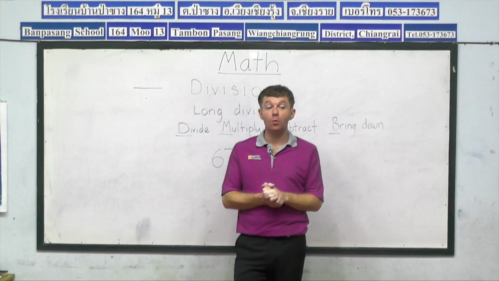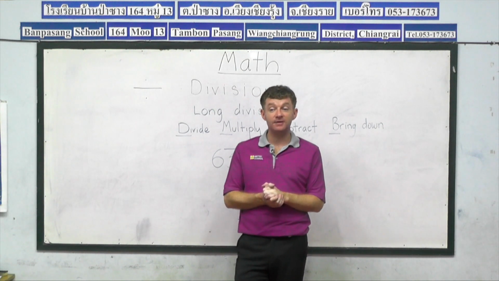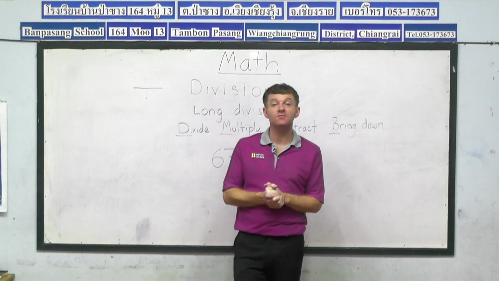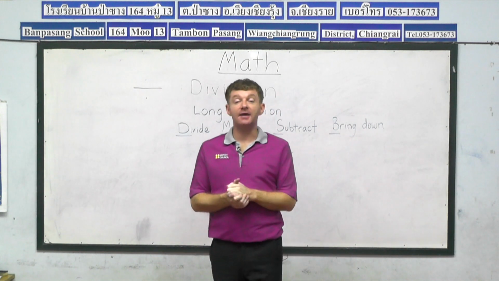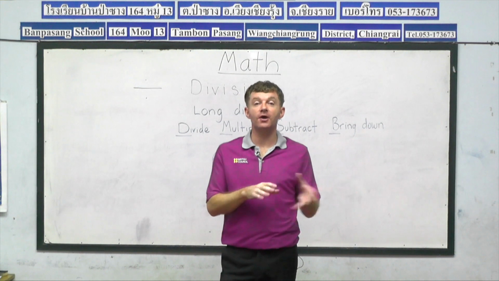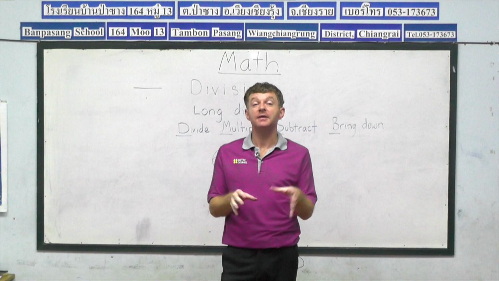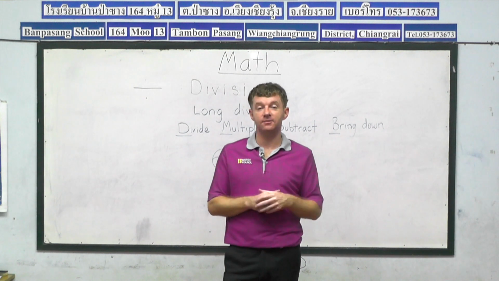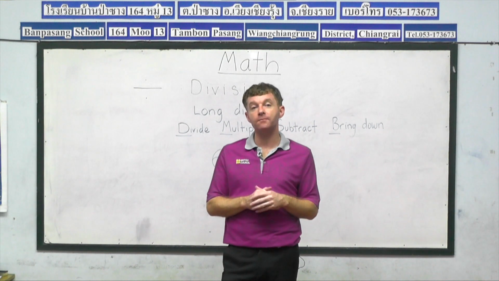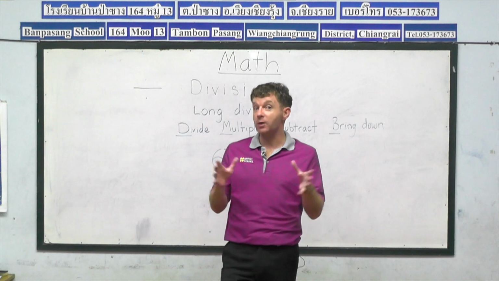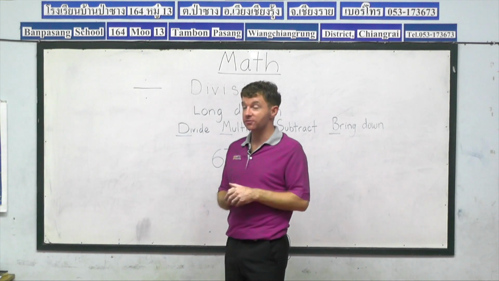Does anybody know what that name is of our extra digits? Remainders. Yes, when we have numbers left over at the end of our division problems, we can group them into a pack called remainders. And what I'm going to do now is I'm going to demonstrate how we can do that together using long division.